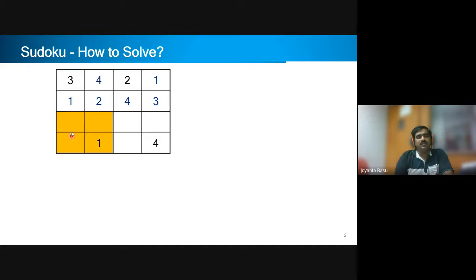So this may be the right position for the 3, because 3 is not possible in this area. So we can write 3 here. 2 is possible in both positions, but this is the only square where we can write 3. After that, this is the only location where we write 4, because 4 is not possible here, as 4 is here.